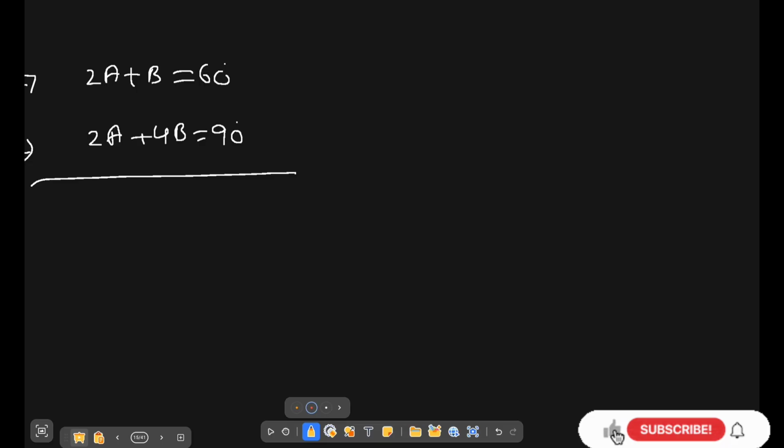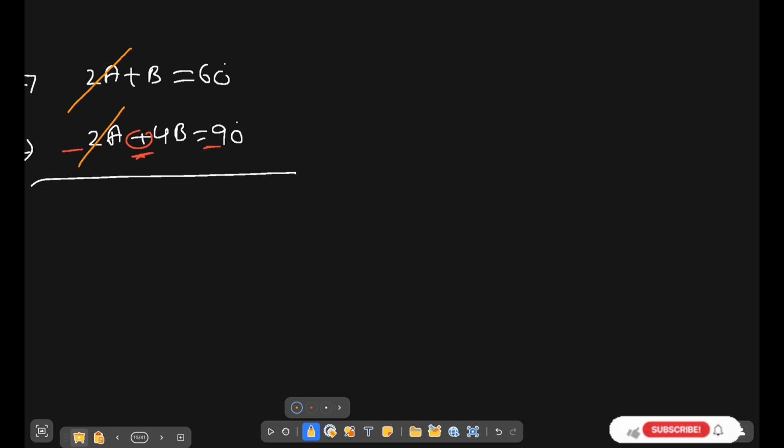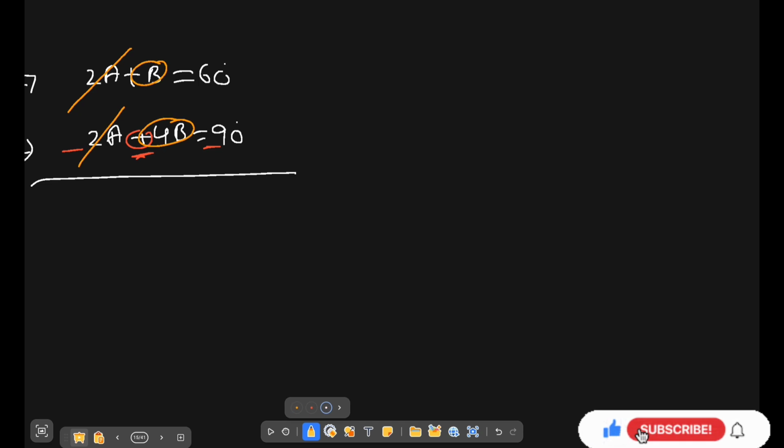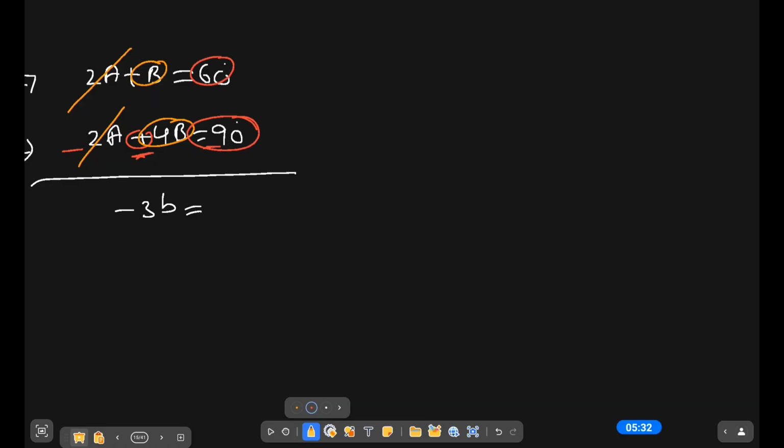Change the signs: minus 2A, minus 4B, and minus 90. Now add. Plus 2A minus 2A gets cancelled. Plus 4B minus 4B gives minus 3B equals plus 60 minus 90, which is minus 30. The minus on the left side and right side gets cancelled.